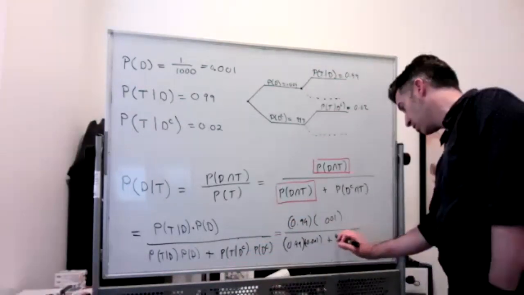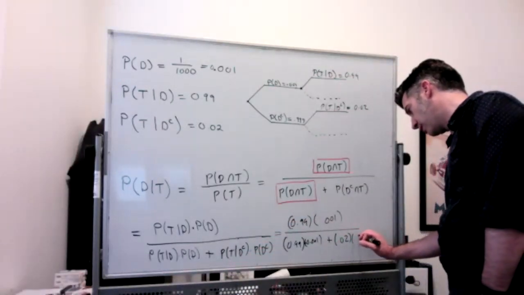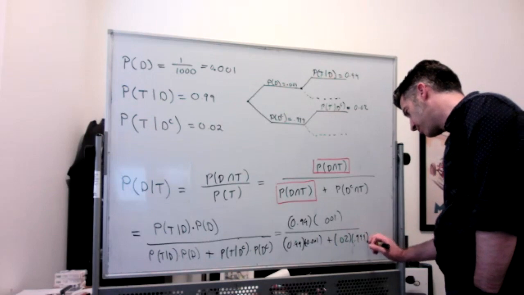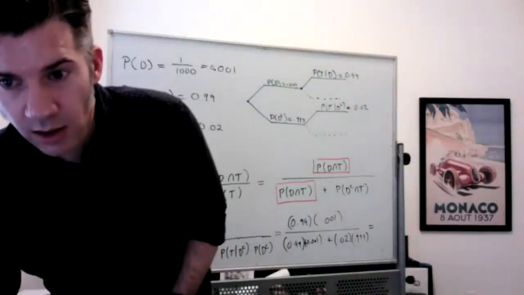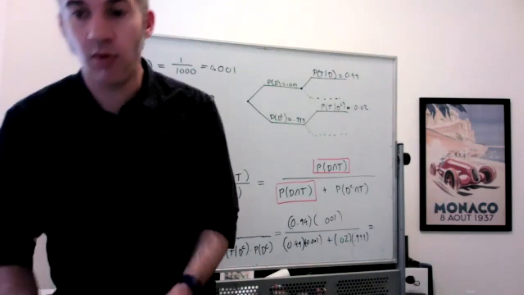So that's going to be 0.02 times 0.999. When you calculate this, you get about 0.0472.